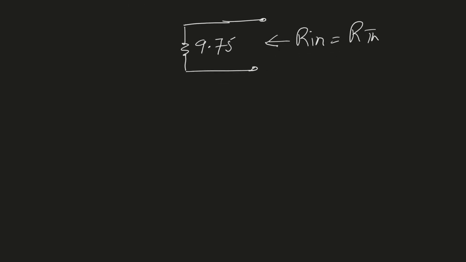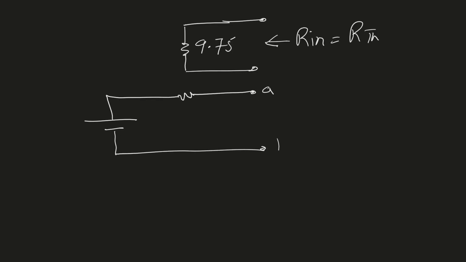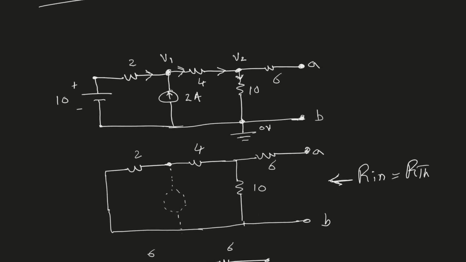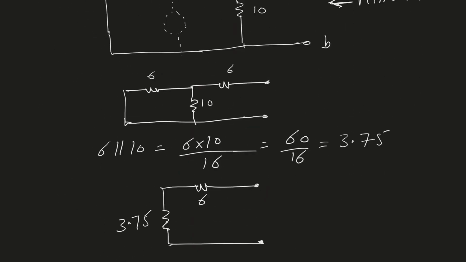So we have calculated both the Thevenin voltage and the Thevenin resistance. So our final equivalent circuit is something like this. These are the terminals A and B. Our Thevenin resistance is 9.75 ohms, and the Thevenin voltage was calculated earlier to be 8.75 volts.